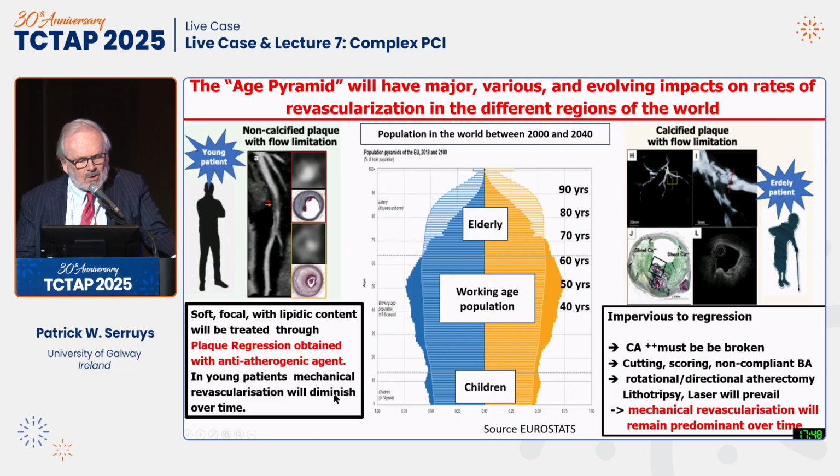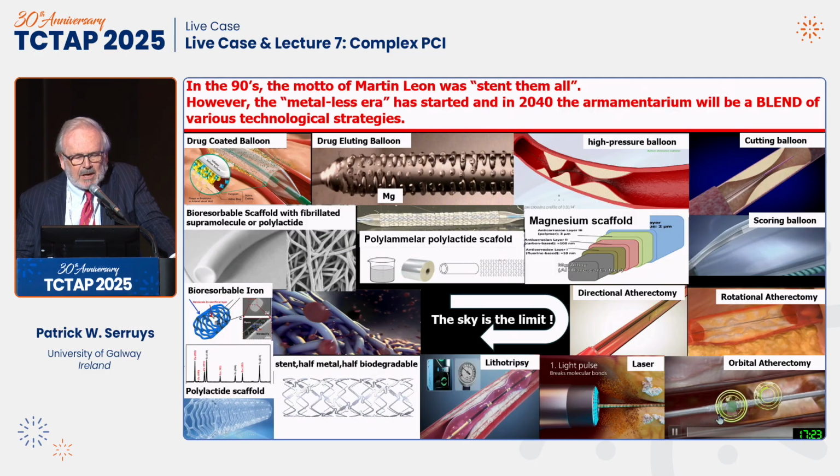In young patients, mechanical revascularization will diminish over time. In the elderly patient with calcified plaque with flow limitation impervious to regression, calcium must be broken. Cutting, scoring, non-compliant, rotational, directional, lithotripsy, laser will prevail, and the mechanical revascularization will remain predominant over time.